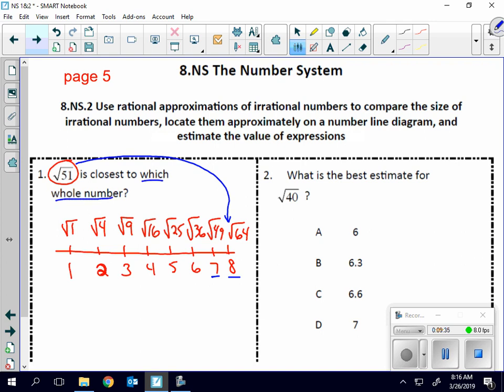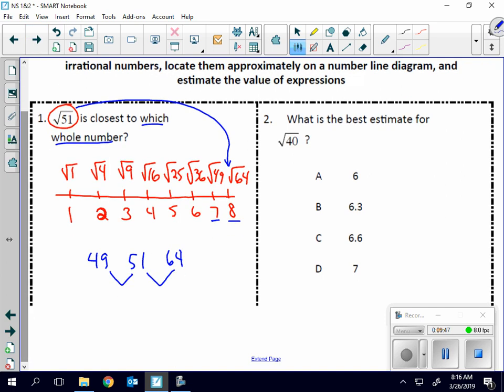Well, let's compare for a second. 51, compare that to our 49 and our 64. Which one is it closer to? How far away is 49 to 51? That's a difference of 2, right? And 51 to 64, well, we could subtract 64 minus 51, and that would give us 13.